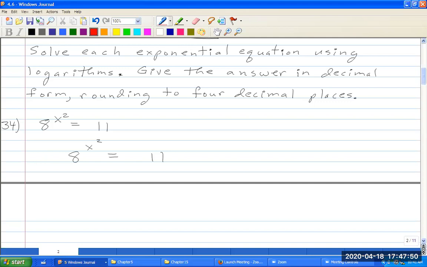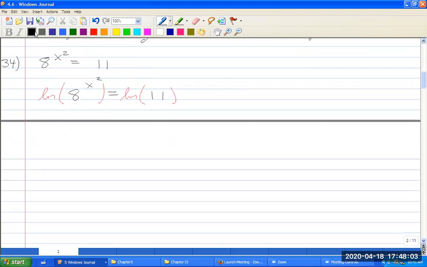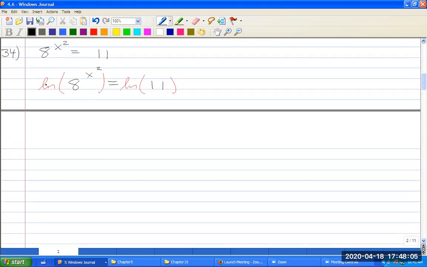So I'll take the ln of both sides of my equation. It doesn't matter what base you use, but we've always used natural logarithms. So let's bring the exponent down in front using the properties of logarithms. I can just simplify this.